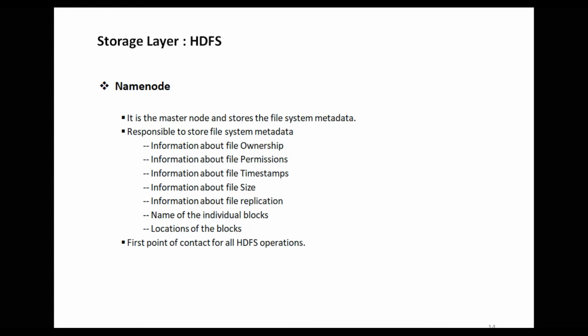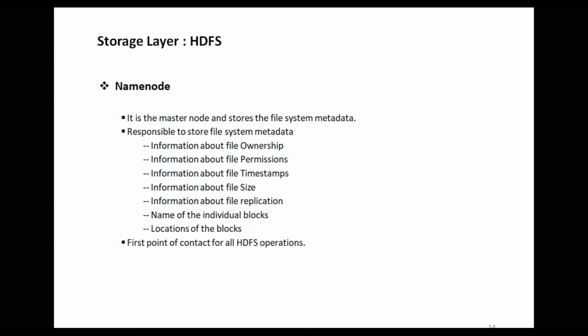Fine. And also the names of the individual blocks and the location of the blocks. For example, in the previous case, we copied some file and just imagine it has been divided into 6 blocks. Each and every block has a name, like blk1, some block name.